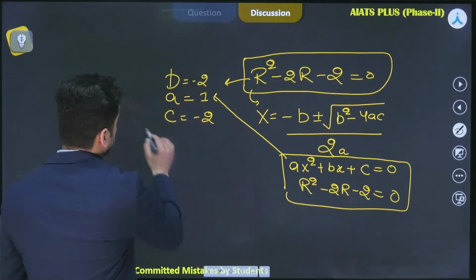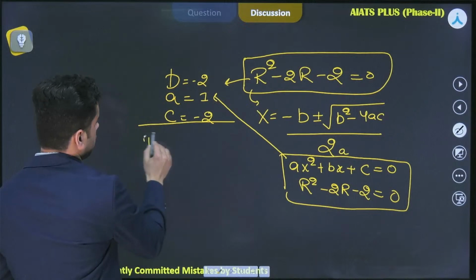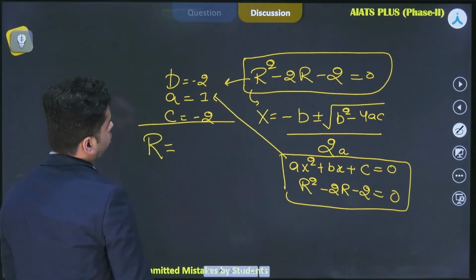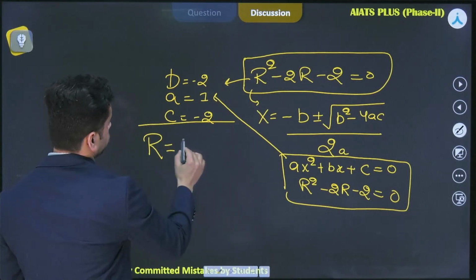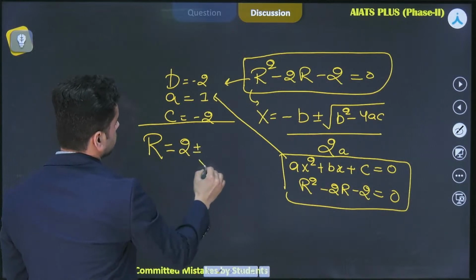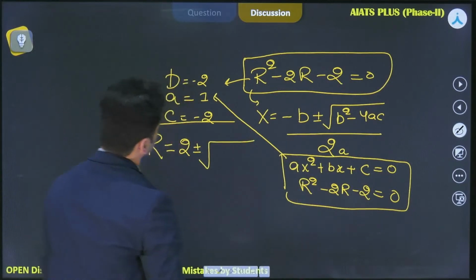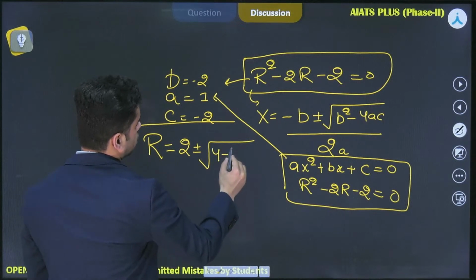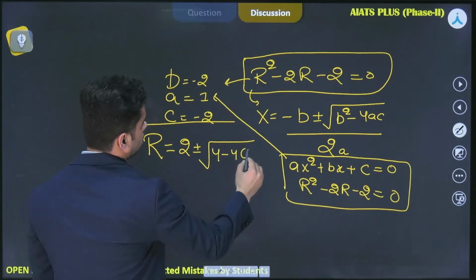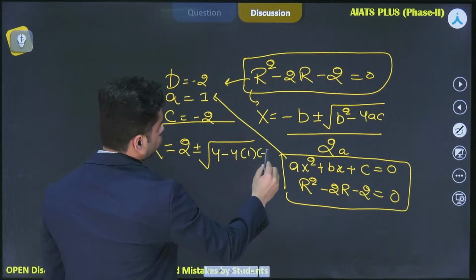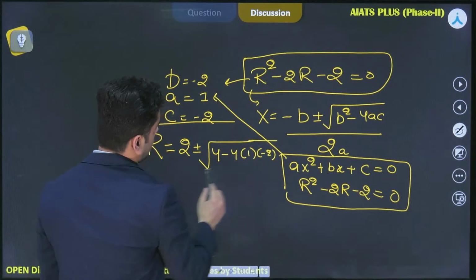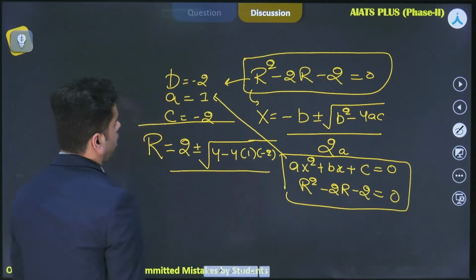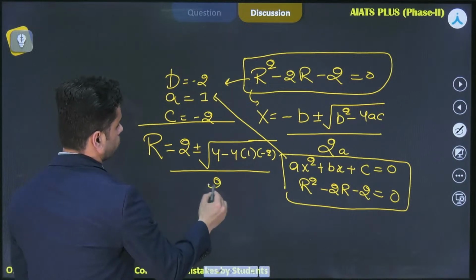Now let's solve. So the value of r is equal to minus b. So b is minus 2, so minus minus 2 is plus 2, plus minus under the root of b square, which is 4, minus 4 into a, which is 1, and c, which is again minus 2, divided by 2 times a, which is 1, so 2.